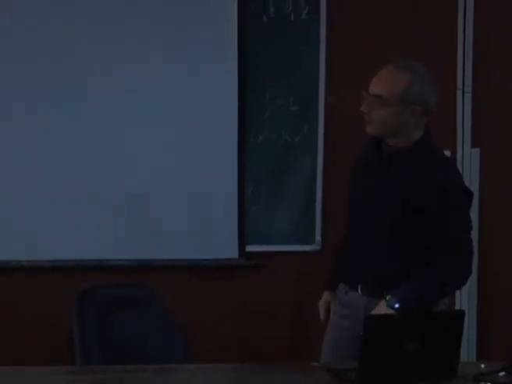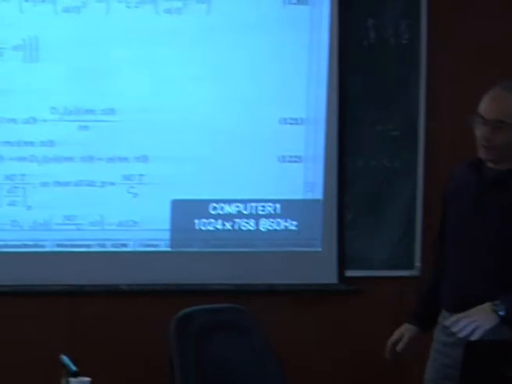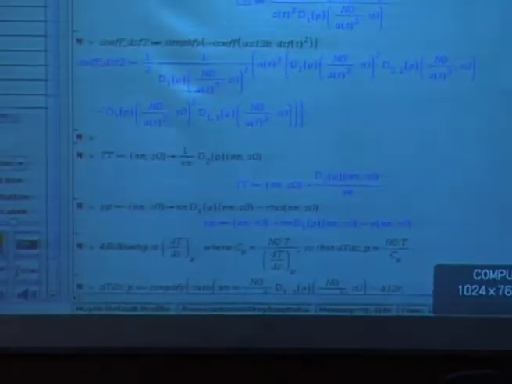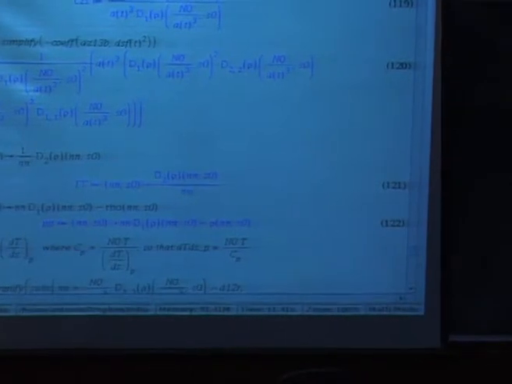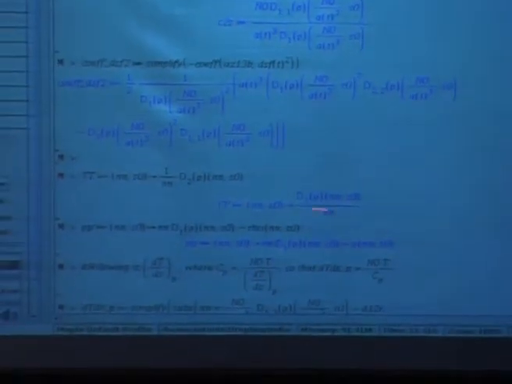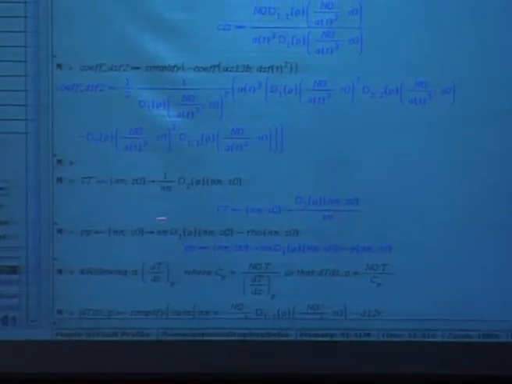OK, so follow me. So this is what exactly. You don't have it. Follow me. OK. It was a bit hard to follow me without a monitor. OK, so then we have that this is temperature in terms of derivative of ρ, and pressure in terms of derivative of ρ.